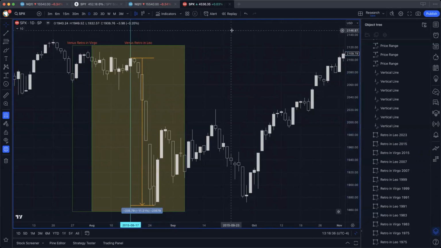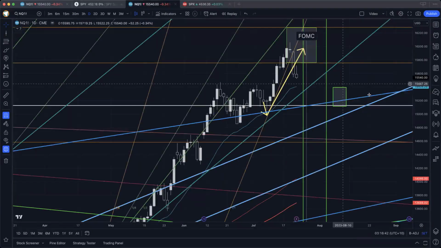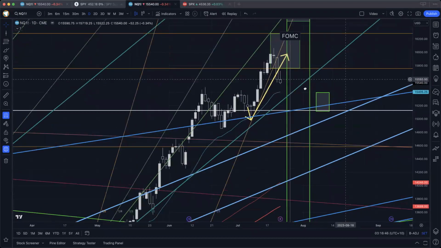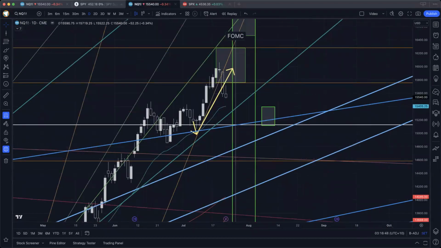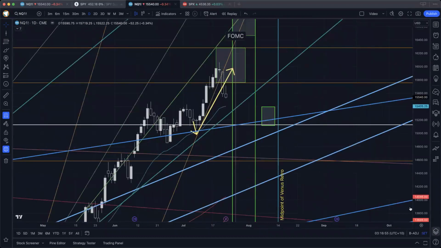Okay, so what does that mean for us going forward as we build our new forecast? So let's go and do that on the right page. Here we go. Okay, so right now on our forecast, we are going to identify the midpoint of Venus retrograde, which is right there.